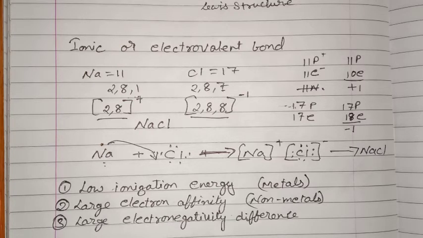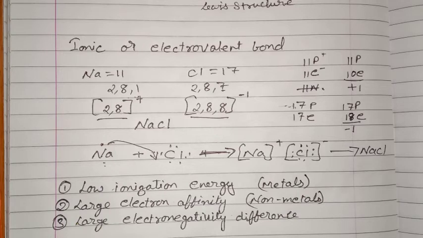So next we come to the characteristics of the ionic bond. I will tell you about the physical state. As all of you know, they are very hard since the force of attraction between them is very strong, so they are hard solids at room temperature.